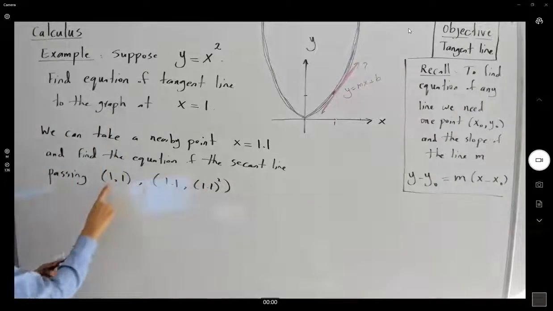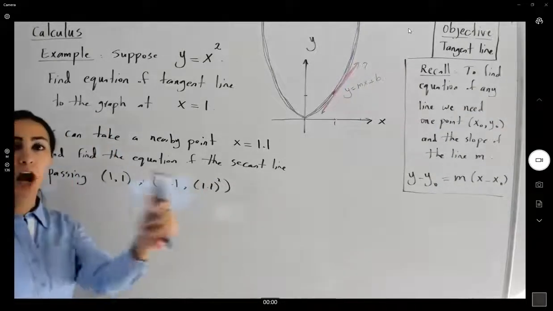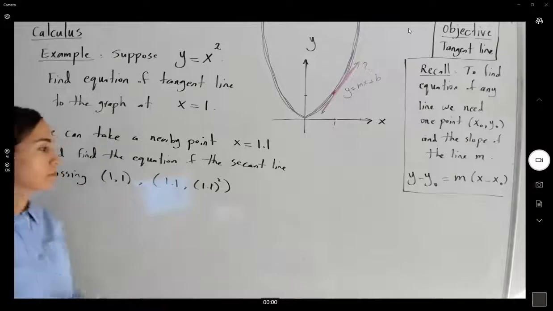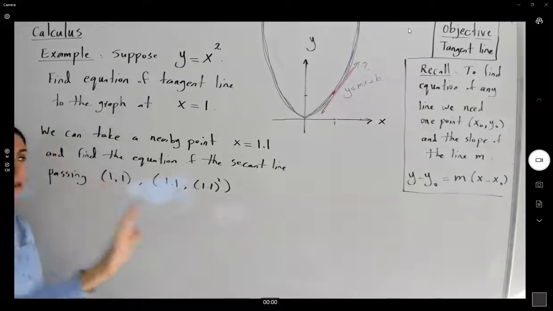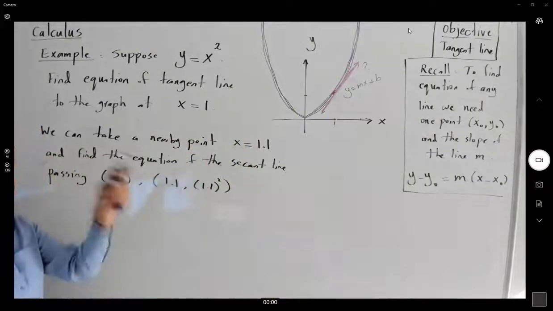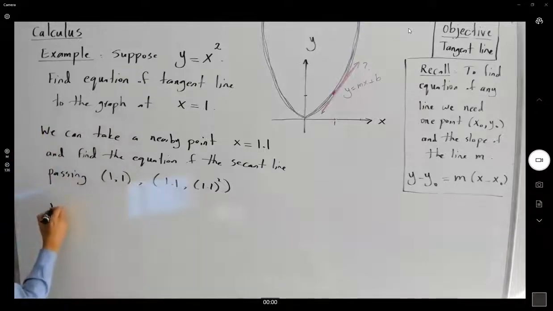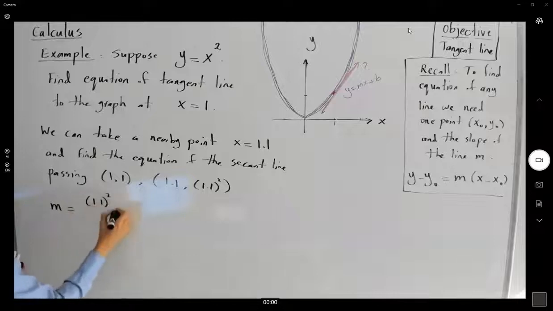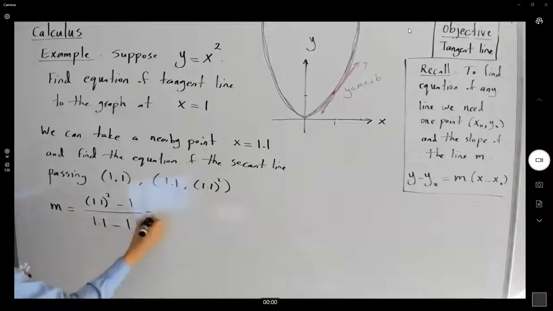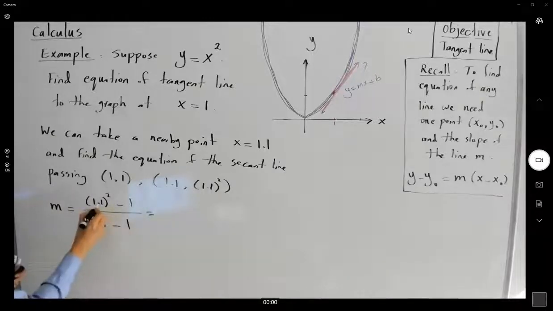So I have my first point, I have my second point, I can easily find the slope. I have one of these points, write down the equation of the line is easy. It's not exactly the same as the tangent line, but it's good enough. So m is equal to 1.1 squared minus 1, difference in y values, over difference in x values. Very well. So 1.1 raised to the second power.